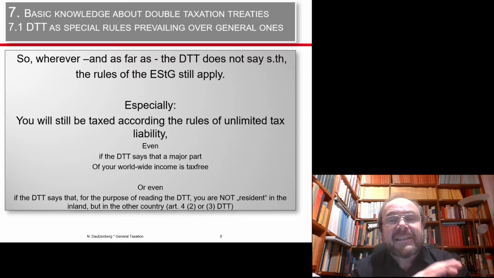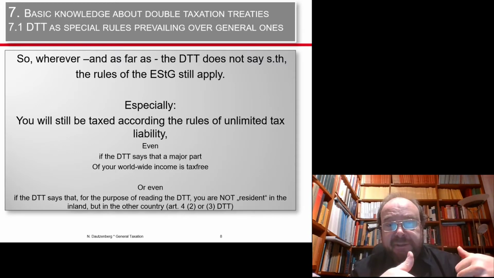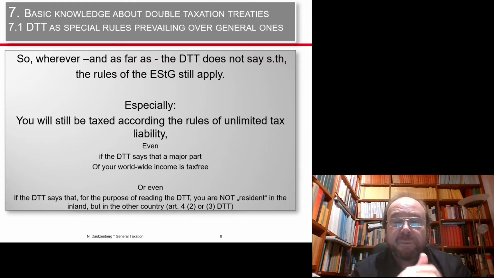So vast amounts of money are tax-free. Germany gets only a very, very small remaining slice of the income. Then you have got your result from the Double Taxation Treaty. You know which state can tax what.